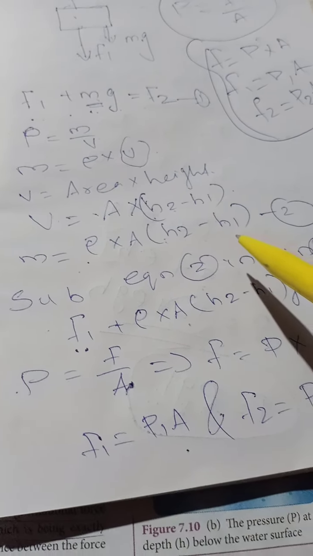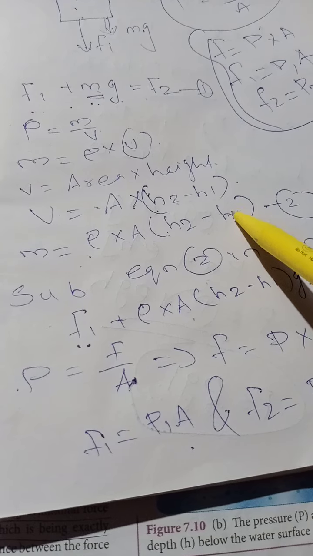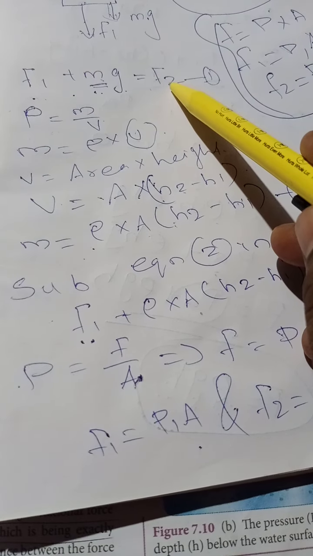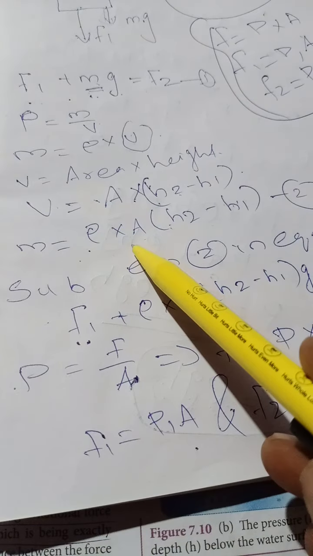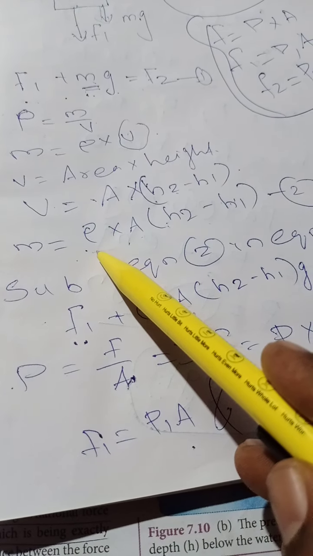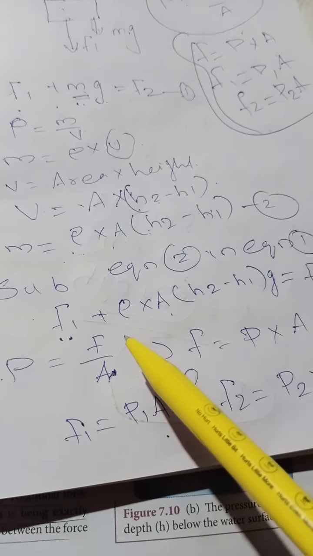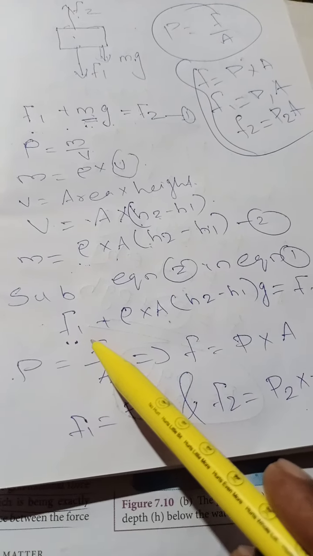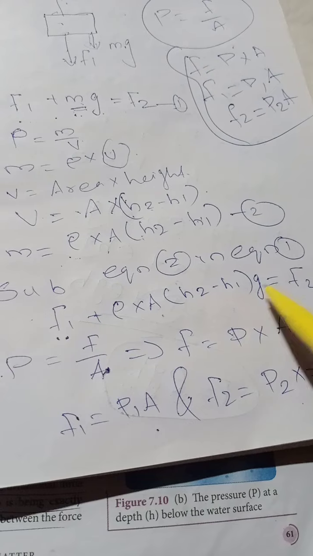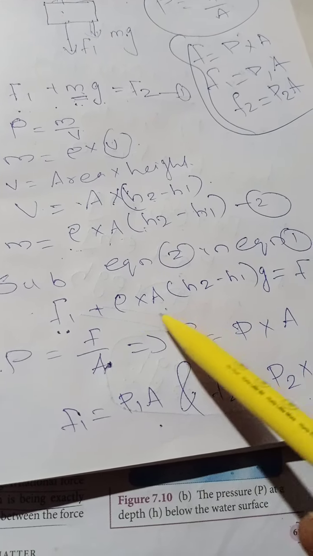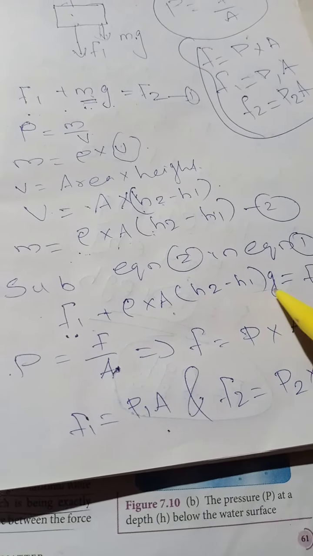Now you can substitute this equation 2 in equation 1. Instead of m, you substitute this value. So we will get an equation like this: F1 plus rho into A into (h2 minus h1) into g equal to F2. Now substitute F1 and F2 values.